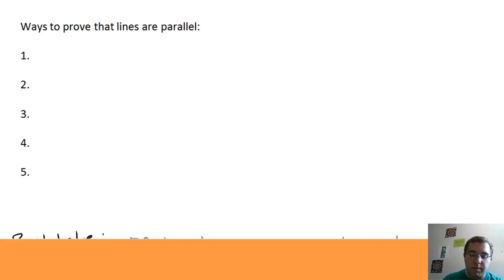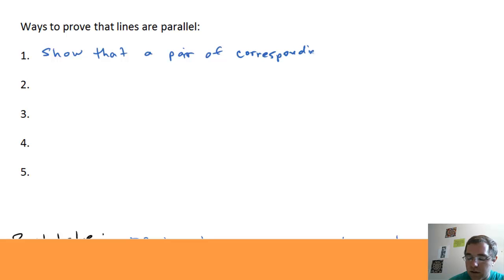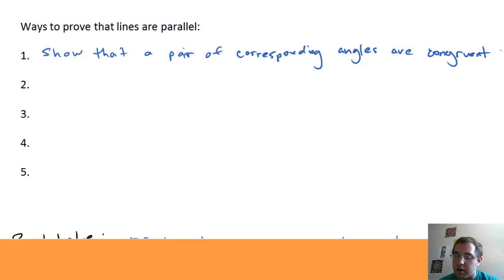If we want to show that lines are parallel, one option is to show that a pair of corresponding angles are congruent. One way to show that two lines are parallel is to show that one pair of corresponding angles are congruent.